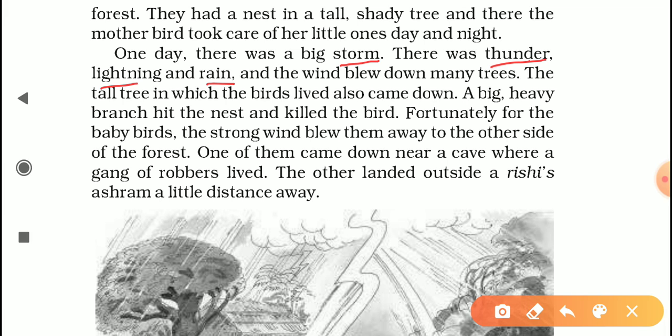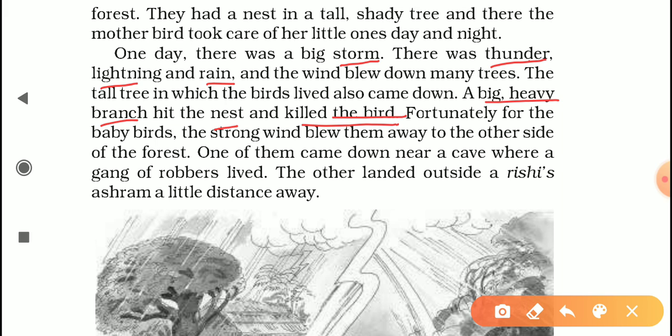The tall tree where our birds lived was also hit. A big heavy branch hit the nest and killed the bird. Branch means a part of a tree. Which bird? The mother bird. So the mother bird was killed, and there was no one to take care of the baby birds.